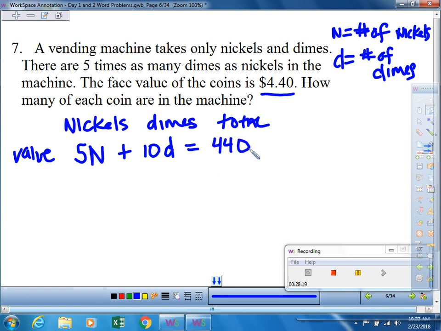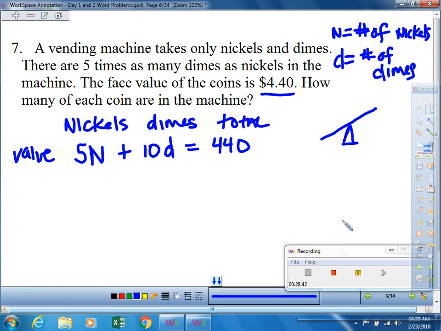Remember, we're moving the decimal over, so you're eliminating the decimal. So, what am I missing? I'm missing the number of coins. When you don't have the number of coins, you have a relationship. When you have a relationship, where do you go? Go to the park. What do you go on at the park? You go on a teeter-totter.